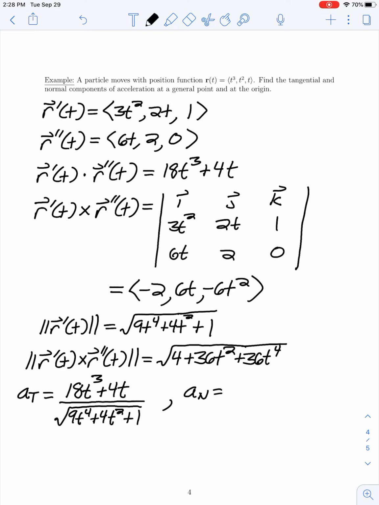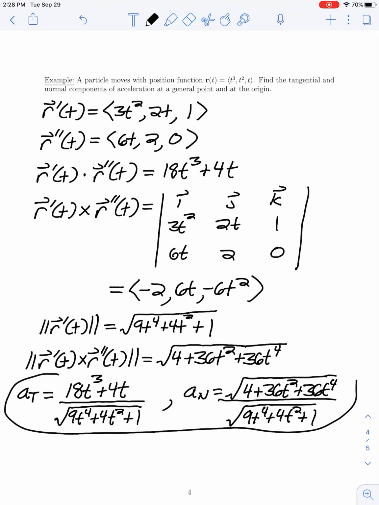And the normal component of the acceleration vector, a sub n, was given by the magnitude of the cross product, which we just found to be the square root of 4 plus 36t squared plus 36t to the fourth, all over the magnitude of r prime, which is the square root of 9t to the fourth plus 4t squared plus 1. So these would be the tangential and normal components of acceleration at a general point.